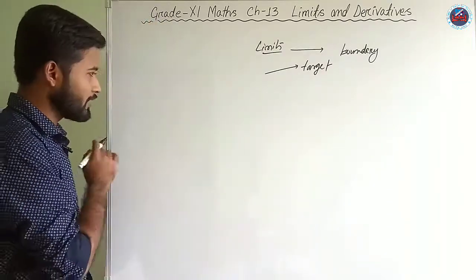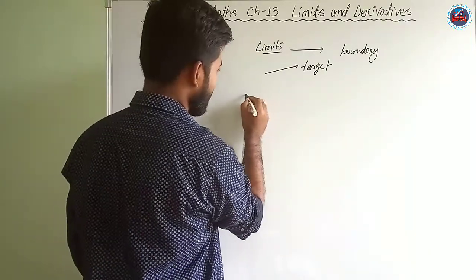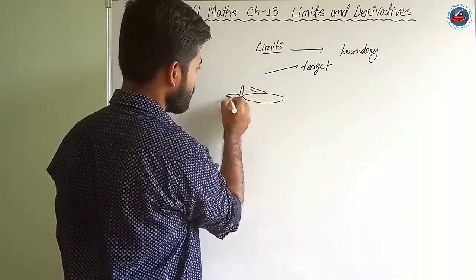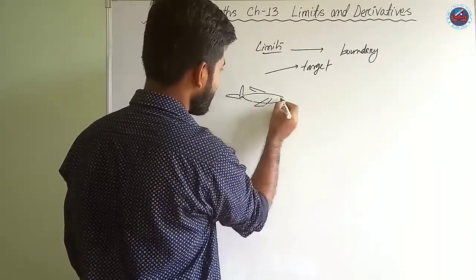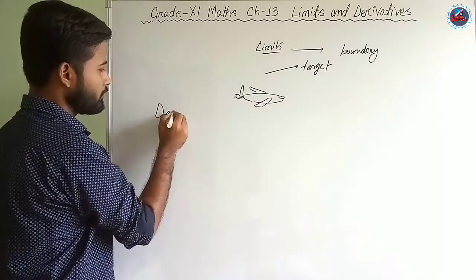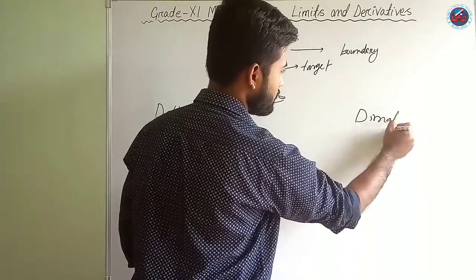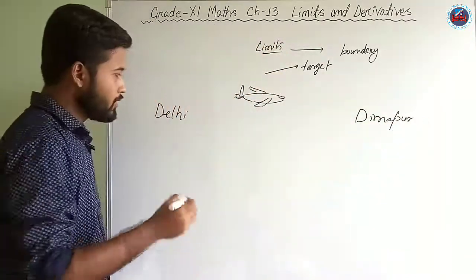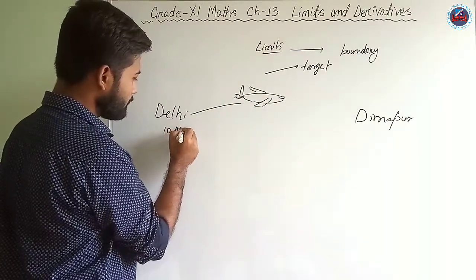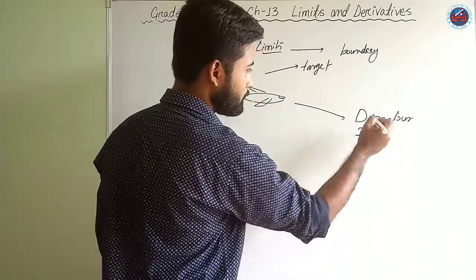For example, let me take a plane, a flight. My drawing is not so good. So say this is a flight and it is moving from Delhi to Dimapur. It started from Delhi at around 10 AM and it reached Dimapur at 2 PM.